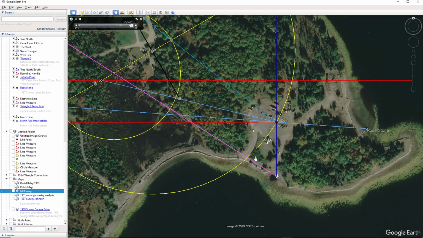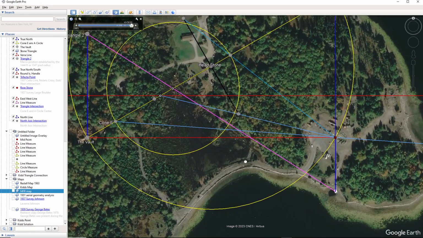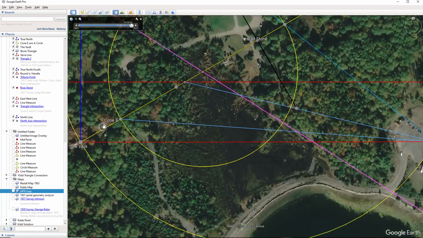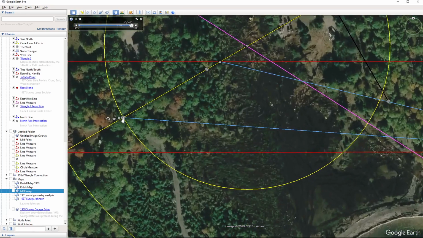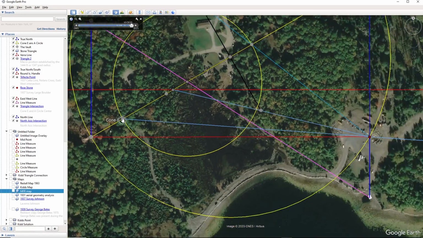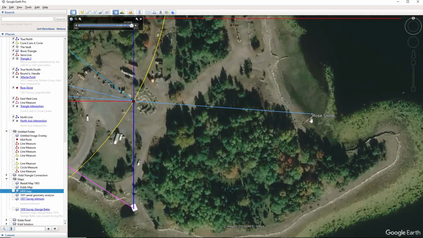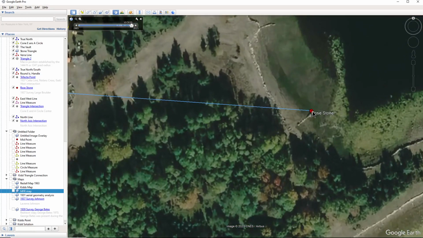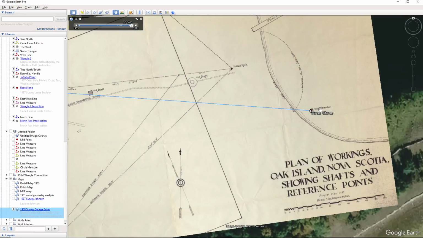And there's much more going on than just the two lines from cone A and C to here. Of course, I use this point here, and the other point that I use is cone E. My line from cone E goes to what I call now the rose stone, and this is the large boulder that is on the 1937 survey.